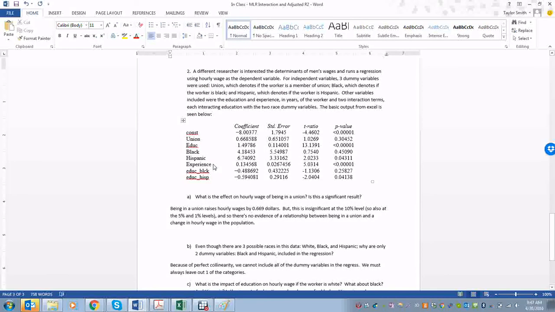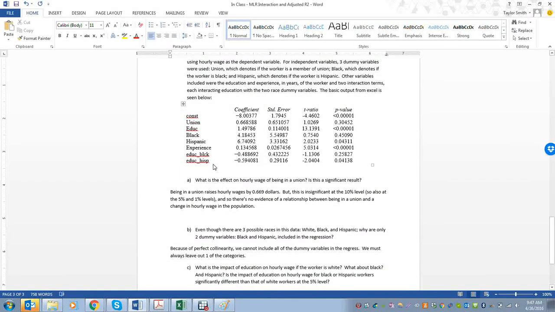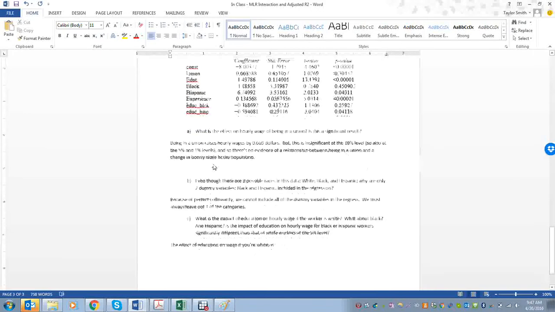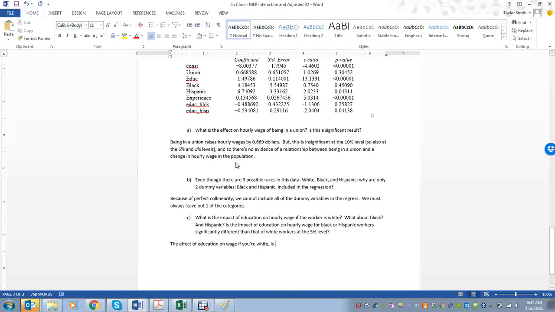is 1.498. So almost $1.50 an hour. So what does that mean?